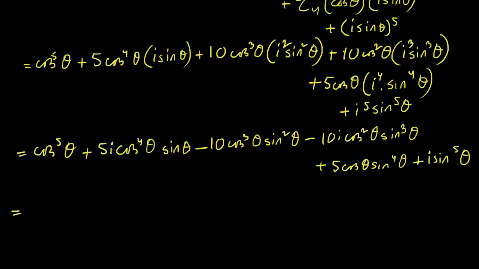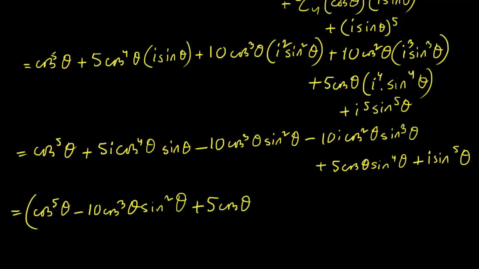Now if we break this down as real part and imaginary part, meaning non-i part and i part, it turns out to be cos to the power 5 θ minus 10 cos cubed θ sin squared θ plus 5 cos θ sin to the power 4 θ. So this is the real part.